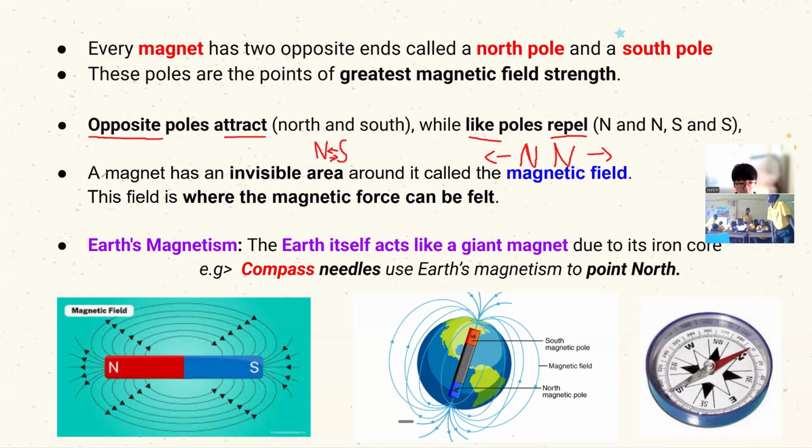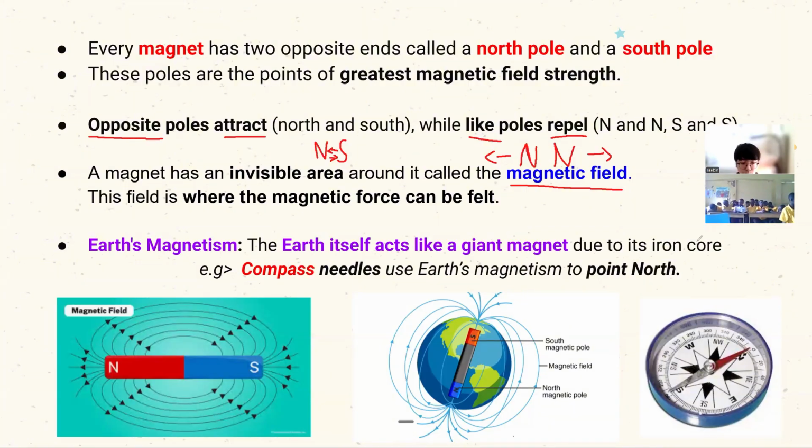And like we've seen, a magnet has an invisible area around it called the magnetic field, which we've seen is produced by moving electrons. And this field is where the magnetic force can be felt. For Earth's magnetism, the Earth itself acts like a giant magnet due to its iron core. That's why we use a compass needle to point to the north.